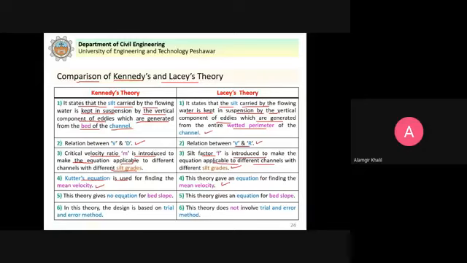Kennedy theory gives no equation for bed slope of the channel. Lacey theory gives an equation for the bed slope. Kennedy's theory for design of unlined canal is based on trial and error method. The Lacey theory does not involve trial and error method.